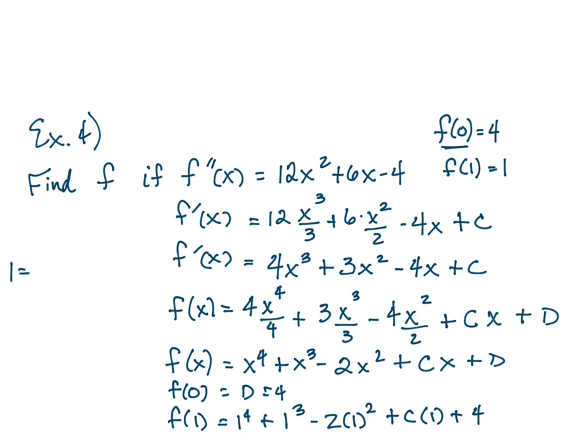So 1 is going to equal 1 to the 4th is 1, plus 1, I'm now at 2, minus 2, which is 0. 0 plus c plus 4. Do y'all agree with that? 0 plus c plus 4, so c plus 4. c is negative 3.